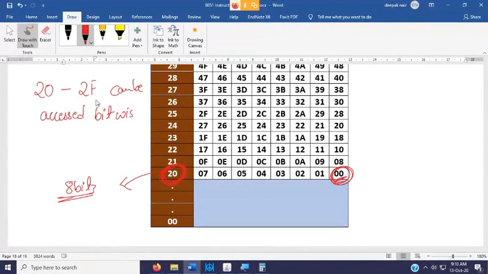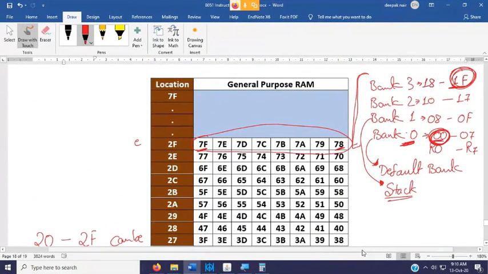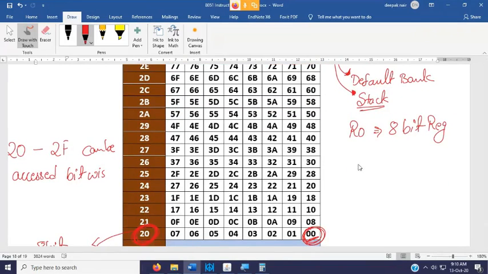For example, if you want to access R0's particular bit, we know that R0 is an 8-bit register, right? If it is an 8-bit register, can I access R0.3 or R0.5? Can I make them high or low bitwise? No, you cannot access bitwise.